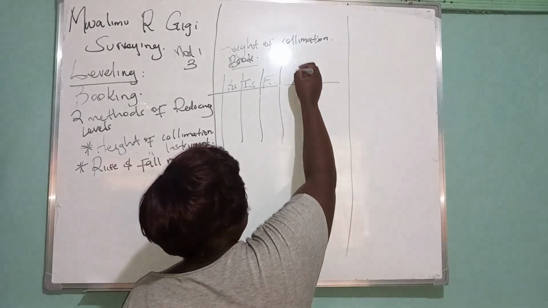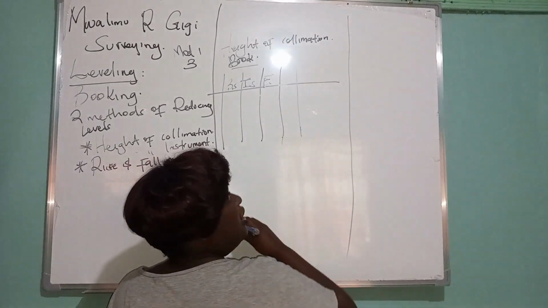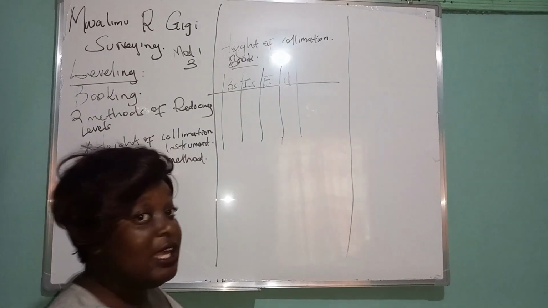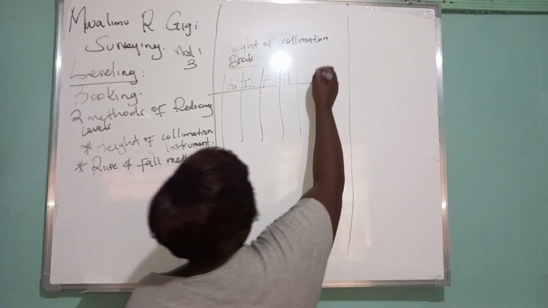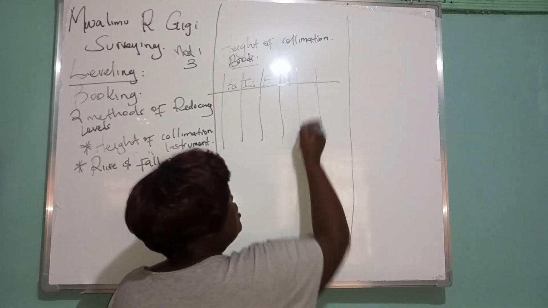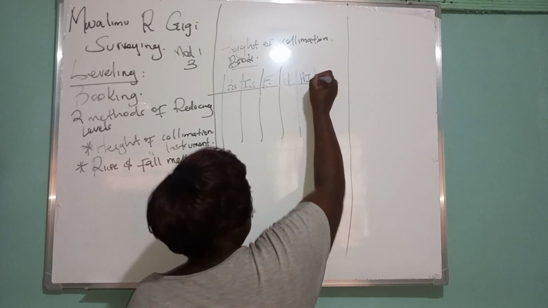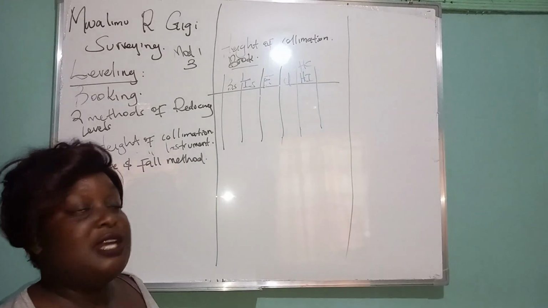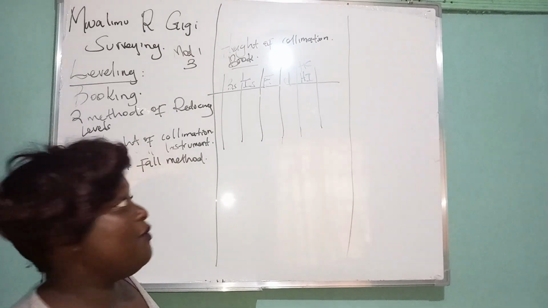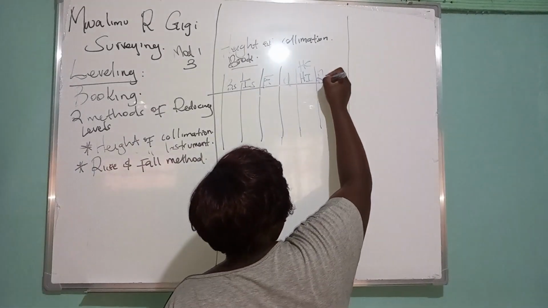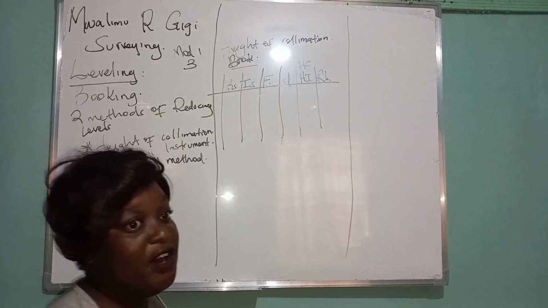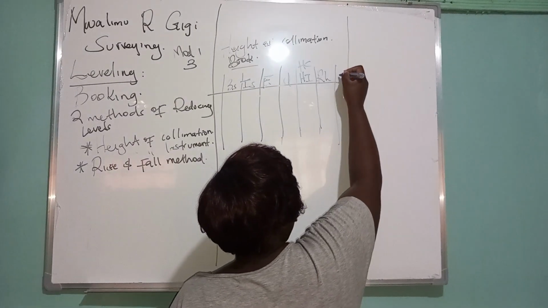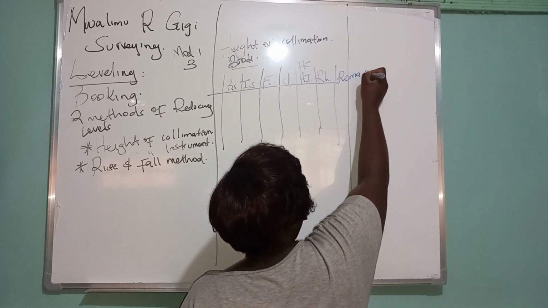Then you can introduce another column, which is the distance. Then in height of collimation, you have the height of instrument or the height of collimation. Then we have the reduced level. Then lastly, you have the remarks.